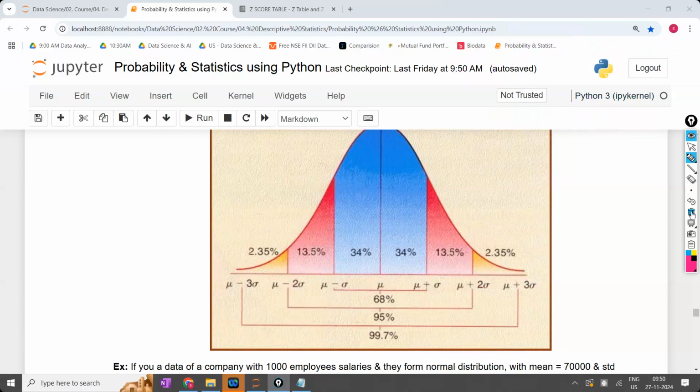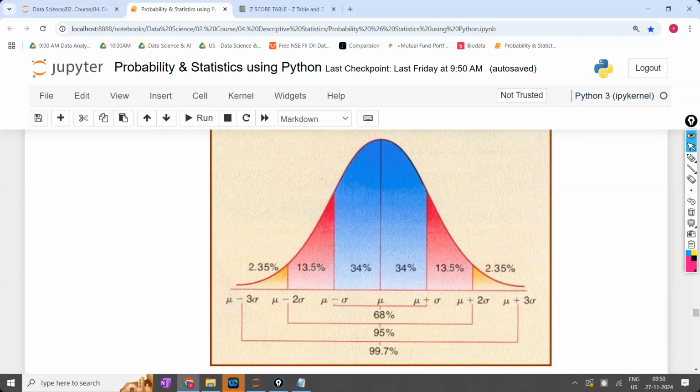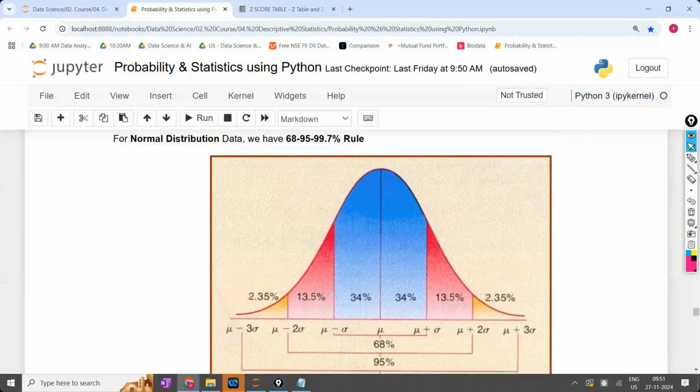It is a fixed rule. From mu, the center, to 1 sigma, the probability is always 34. From there to 2 sigma, it is 13.5. This one is 34, this is 13.5. So this is the 68, 95, 99.7% rule.